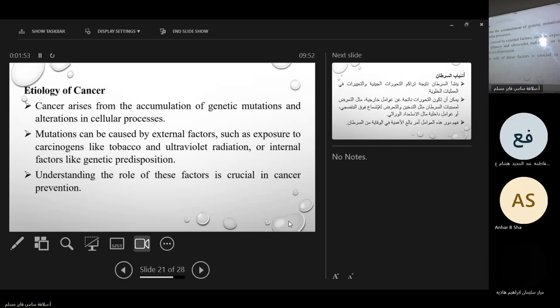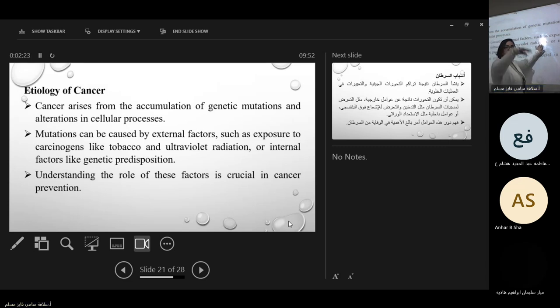Mutations can be caused by external factors, such as exposure to carcinogens, those things that have cancer cells in them, like tobacco and ultraviolet radiations.